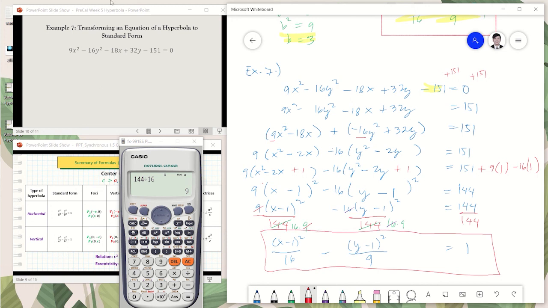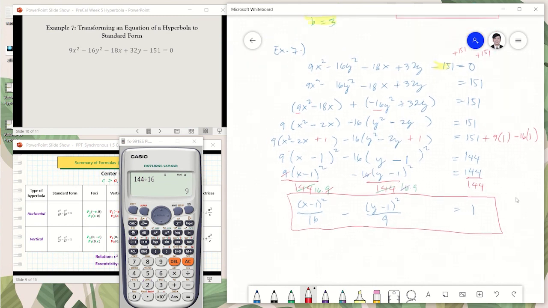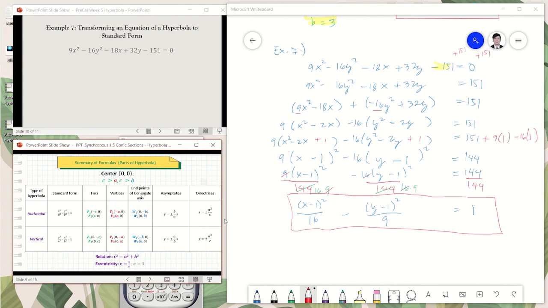So if we just want to continue this, we can already identify the properties. So first of all, it's in the form already. Beside x and y, there is a number with it that is being raised to a power of 2. That means the center is not anymore at the origin, but instead it's at h and k.